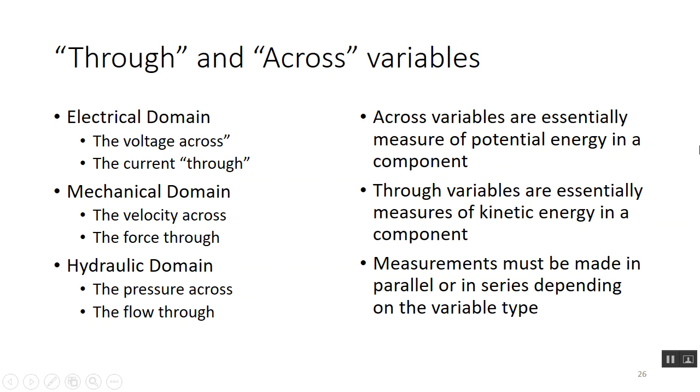So when you think about these kinds of variables, they're measures of energy. And you need both because energy is going back and forth between kinetic and potential energy. So across variables are kind of a measurement of the potential energy of a component, and through variables are like kinetic energy of a component. I'm trying to tap into all the stuff you already know.